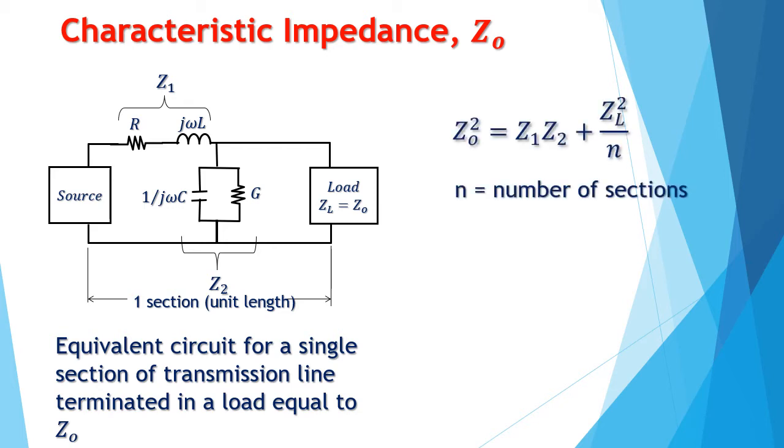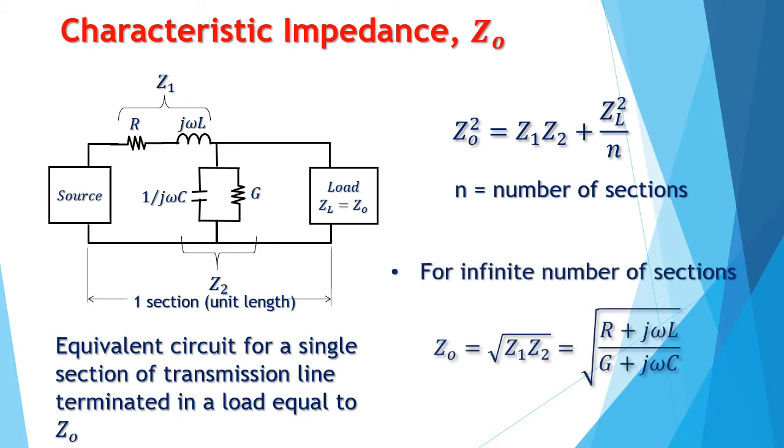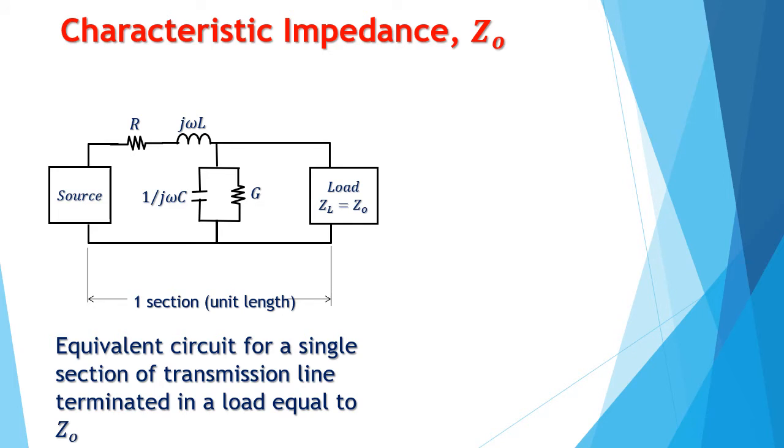And then in a transmission line, we have the so-called lumped parameters. So we have the resistance, inductance, conductance, and capacitance. In here, the inductance and capacitance are represented by their impedance equivalents. So we have j omega L for inductance and j omega C for capacitance.